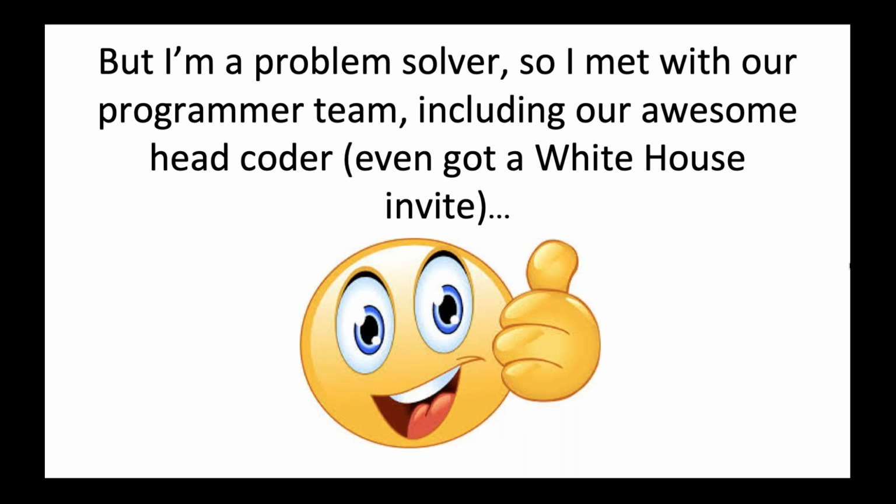So I met with our programming team, including our really awesome head programmer who at one point even got a White House invite years back for some programming related stuff that he was doing just as a hobby in a certain field. Really smart guy, deals with a lot of artificial intelligence and some very high-end stuff.